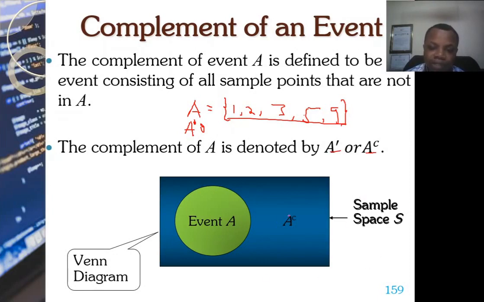The whole of this happens to be a sample space, and suppose that we have this bounded region to be our event. This A complement is all about elements that are not found within this event. So anything beyond this space, anything found in this blue colored region, is our A complement.